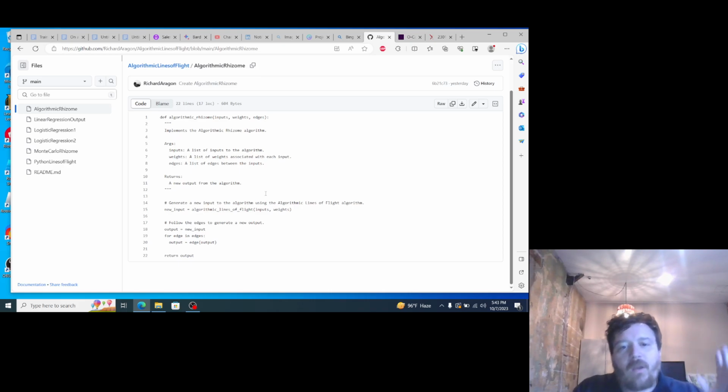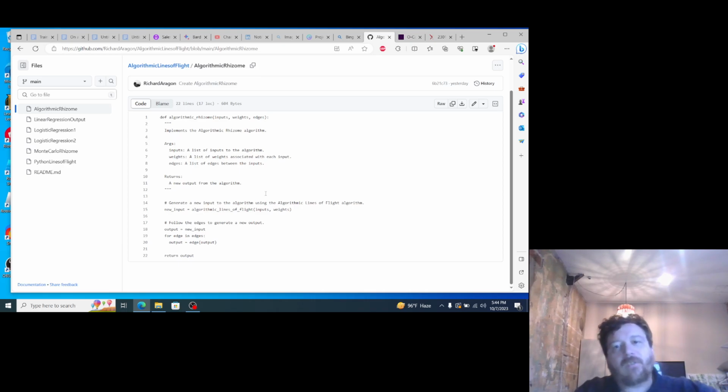And then the rhizome algorithm gives shape to that, and says, okay, I want you to not just follow randomness in the pattern, but also adjust the weights as you go through this process, and start on the edges of the network and work your way inwards.